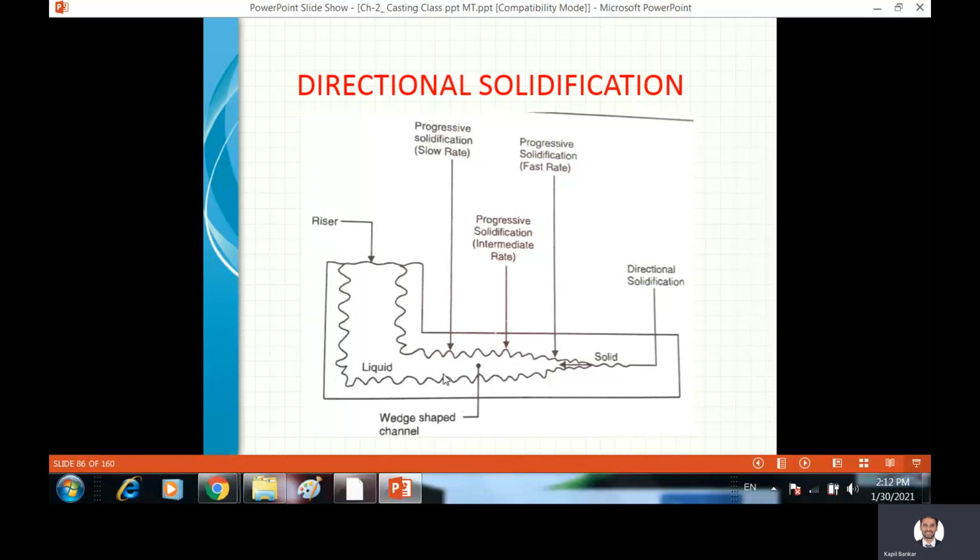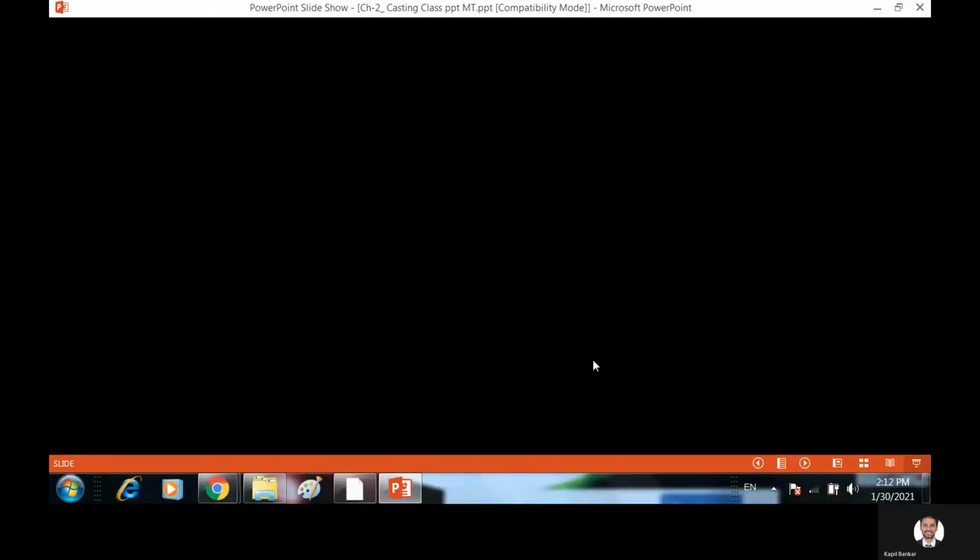That solidification is called progressive solidification. And if your solidification starts from the end of the casting, from here towards the riser side, this solidification is called directional solidification.